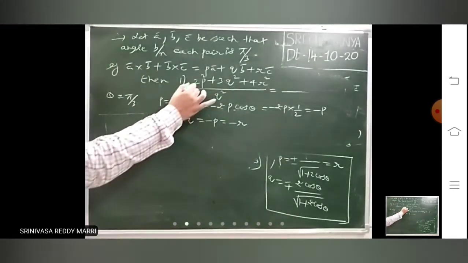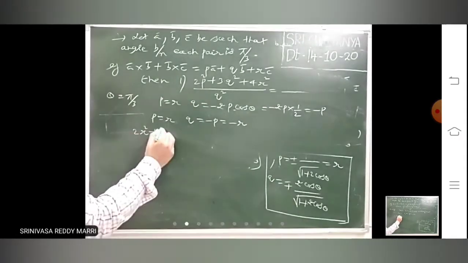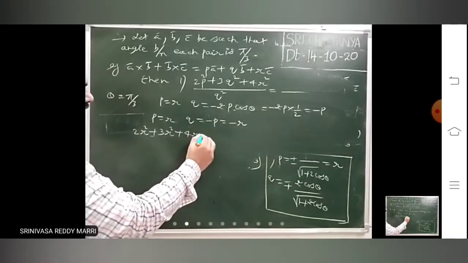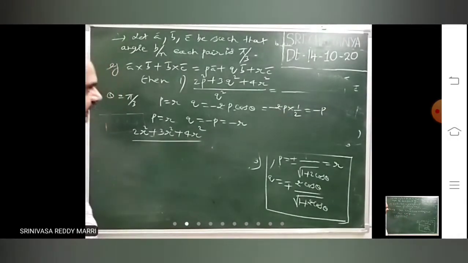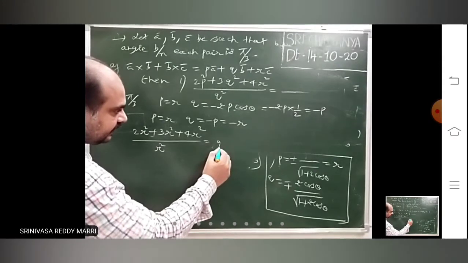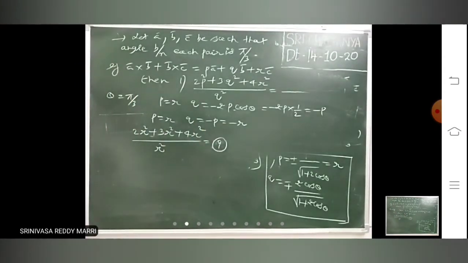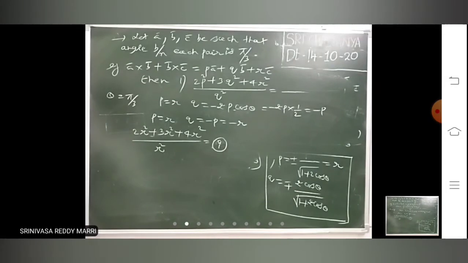Minus R. So substitute here 2R square plus 3R square plus 4R square divided by R square. R square got cancelled, 9. But easily you got like that. Okay. If this relation is given, you remember this one. Then it will be an easy problem.